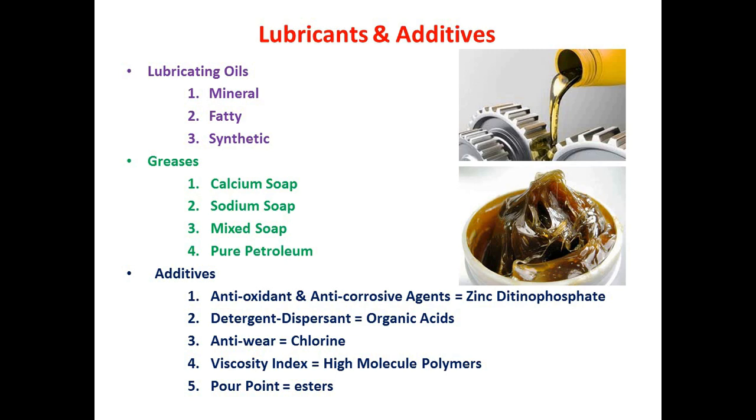Next, we have the lubricants and the additives. Generally, lubricants can be liquid, solid, or semi-solid. Lubricating oils can be mineral, fatty, or synthetic. Generally, these lubricating oils can be manufactured from animal fat or from vegetables.